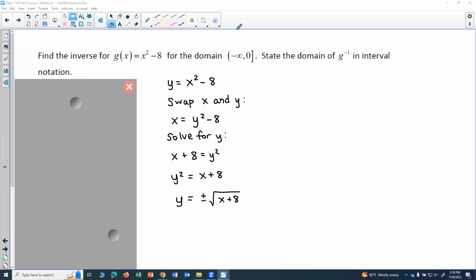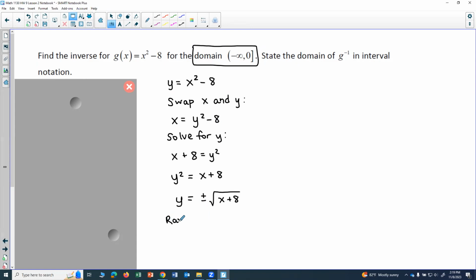In this case, we used the left half. We know that the domain of our original was negative infinity to 0. So that means that the range of the inverse has to be negative infinity to 0.